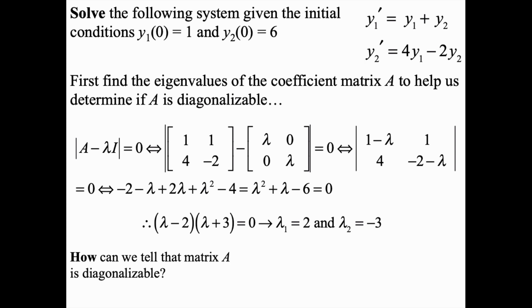Do you recall? Well, hopefully you realize that since you have two distinct eigenvalues for this 2 by 2 matrix, we're guaranteed that this matrix is diagonalizable. So we're quite confident that we could use this technique that we just demonstrated theoretically to make a very difficult system of differential equations turn into something very simple.